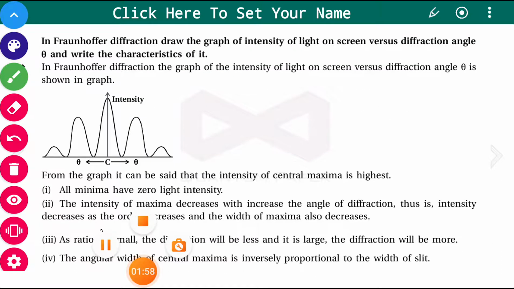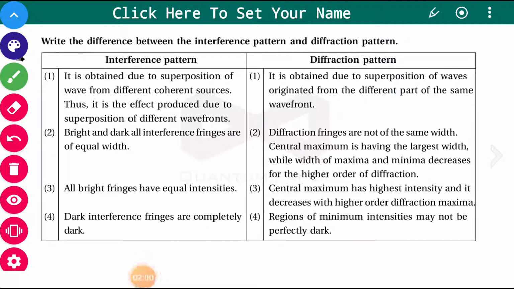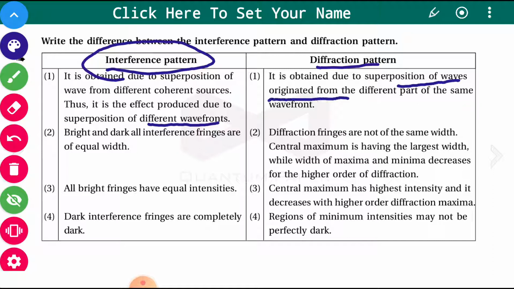Now there is a difference between interference and diffraction. Interference is obtained due to superposition of waves from different coherent sources. Thus, it is the effect produced due to superposition of different wave fronts. While diffraction is obtained due to superposition of waves originated from different parts of the same wavefront.